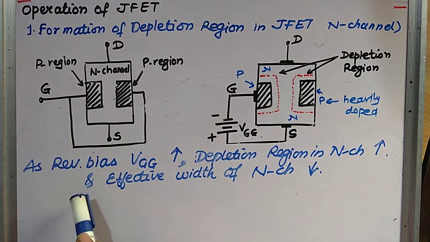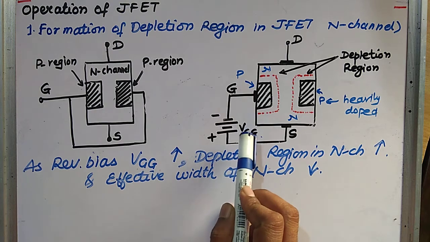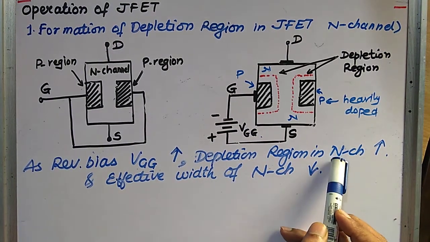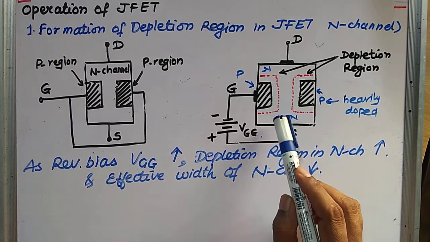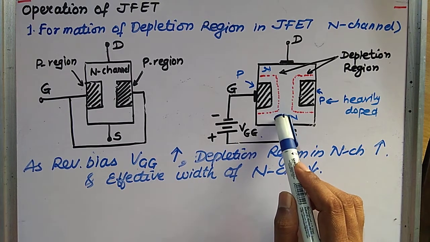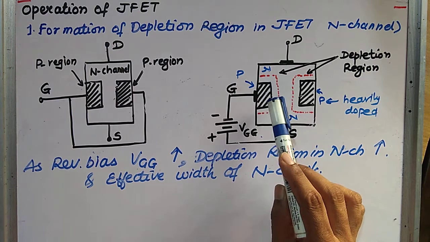Now as the reverse bias voltage VGG is increasing, the depletion region in the N channel is also increasing. Why is it increasing in the N channel? Because the N channel is lightly doped as compared to the P-type semiconductor.